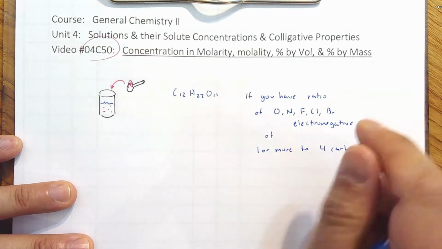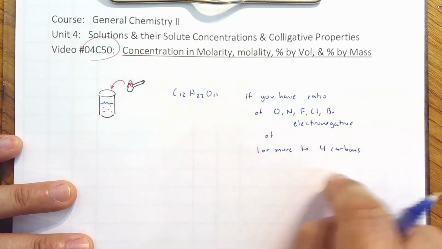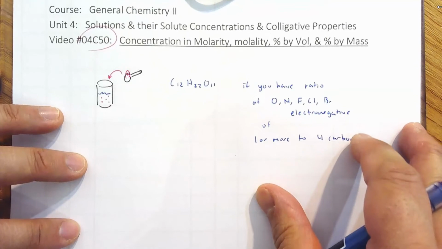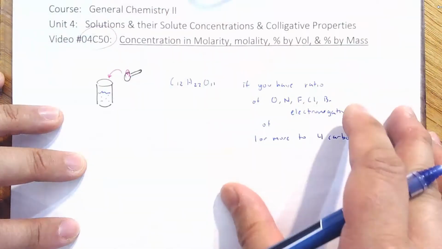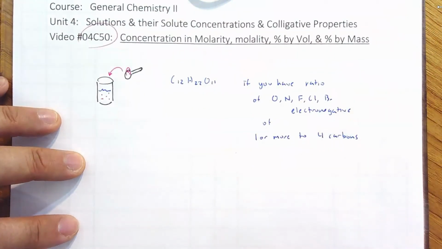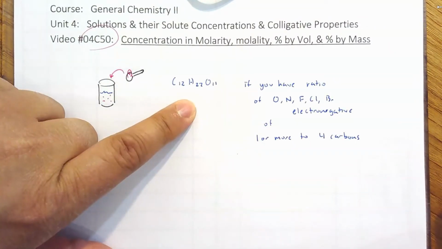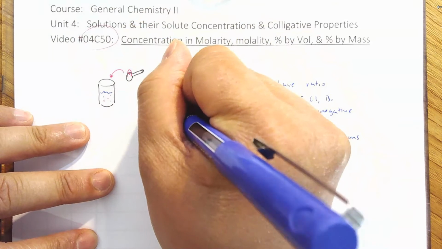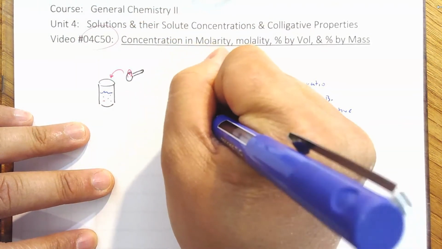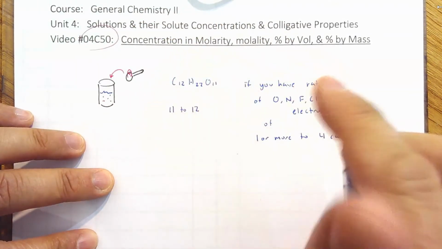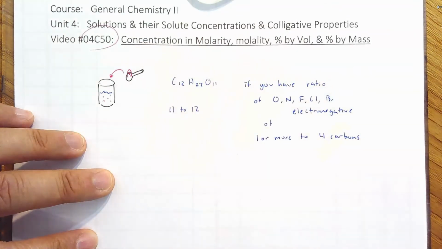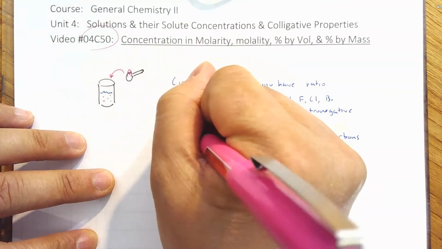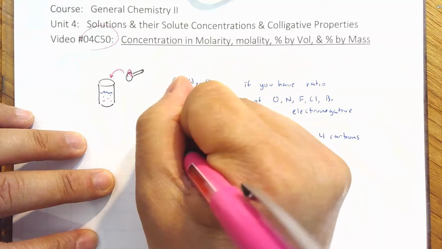So for instance, if you have an oxygen to carbon ratio of 1 to 4, you can assume that that molecule is polar and it will be water soluble. But look at our ratio here. Our ratio is 11 to 12, 11 oxygens to 12 carbons. We're going to consider this molecule polar and therefore water soluble.